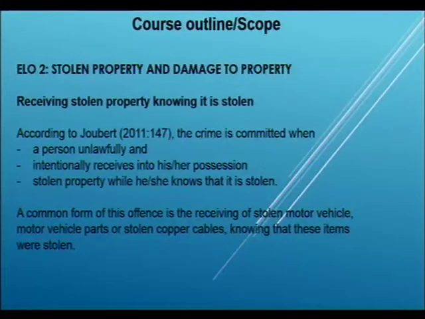A common form of this offense is receiving of stolen motor vehicles, motor vehicle parts or stolen copper cables, knowing that these items were stolen.